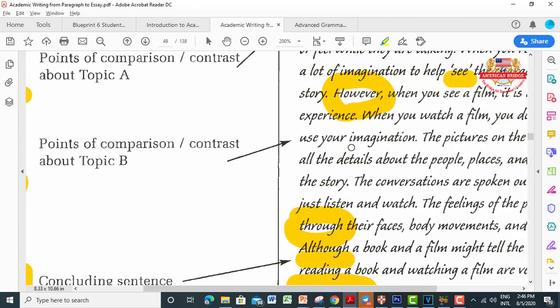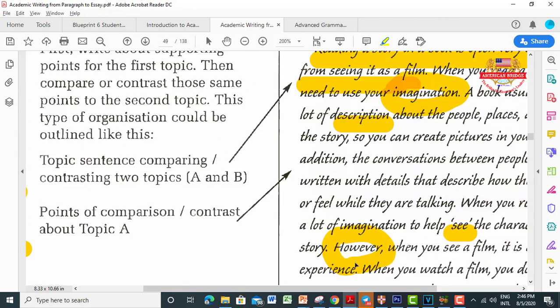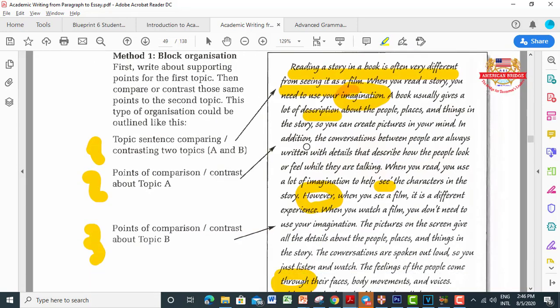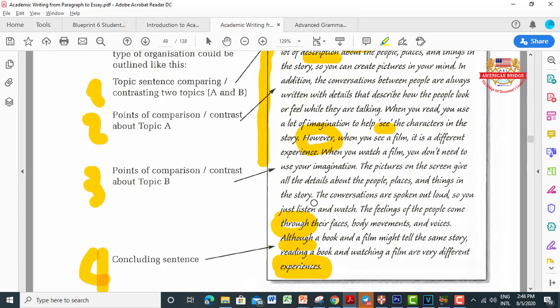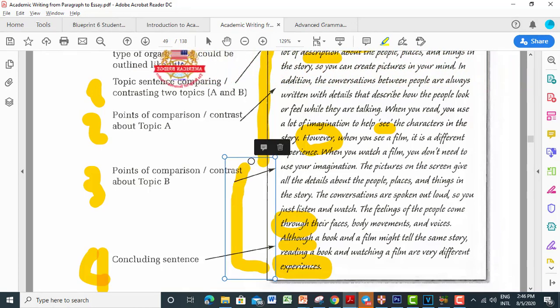When you go back here, you will see that in the first detail, they just mention the whole thing about reading the book, and later on when they connect with words like however, or on the other hand, they go to another idea related to the topic, like reading a book and watching a film, but the story and the title are the same. So this is the block organization.